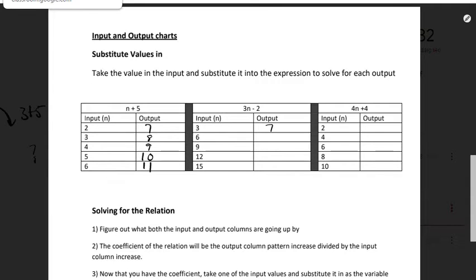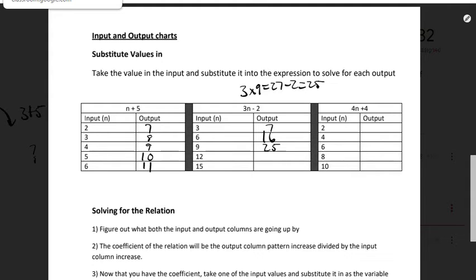If I put in 6, that's going to be 3 times 6, which is 18, minus 2 is 16. All right, let's try that with 9. 3 times 9 is 27, minus 2 is 25.